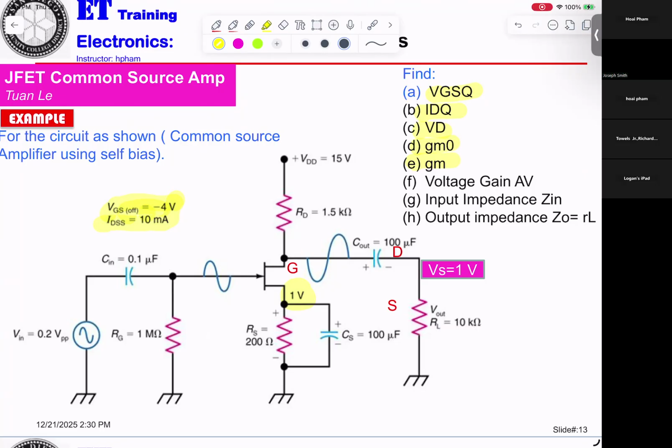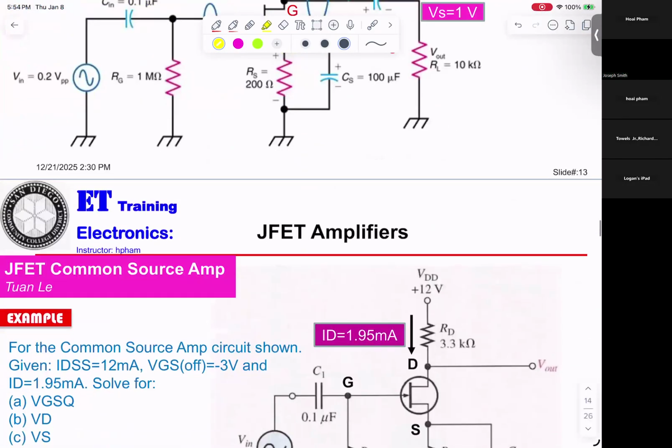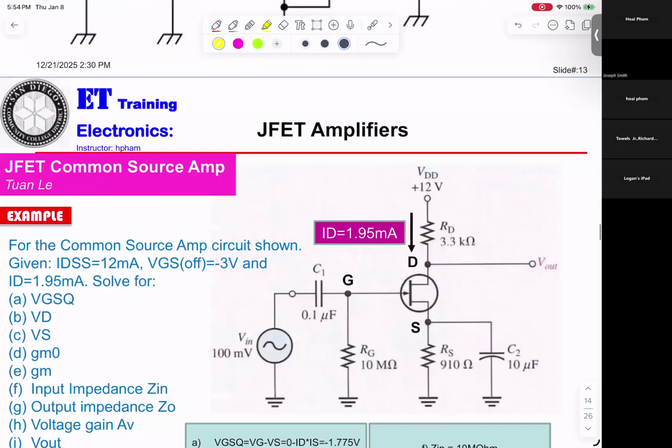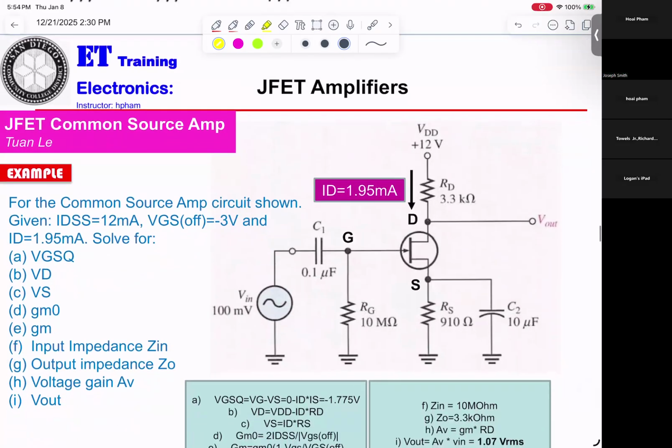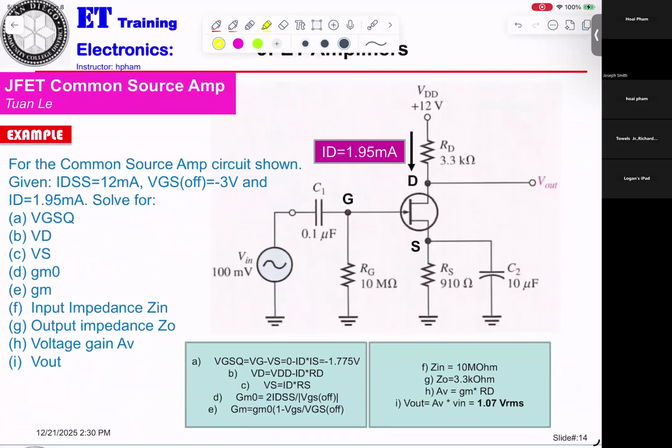That means output impedance will be 1.5K parallel RL 10K. So you say that is very simple, right? After you understand it, not a big deal. This is just an example.